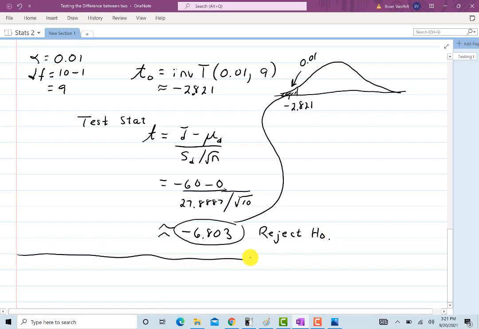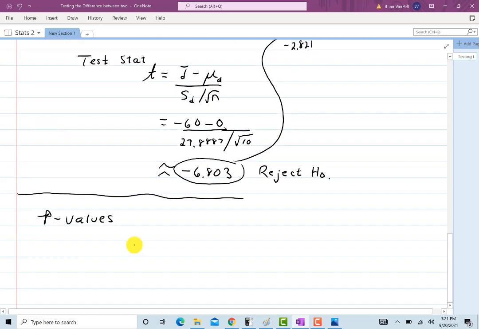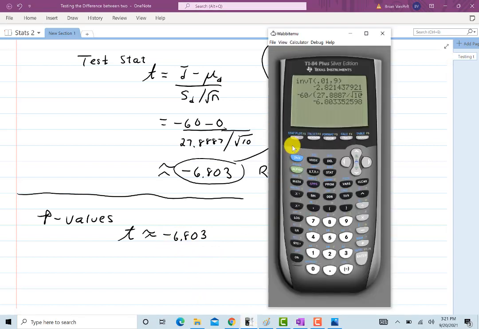Now, if you were prone to use p-values, you do it this way. You, of course, start with the t statistic, and we got negative 6.803. Now you're looking for area, and you want the area to the left of that. So what we do for that is you go back to the DISTR, and this time, since I'm talking about area, I want a cumulative distribution function, and that is number 6, a tcdf.